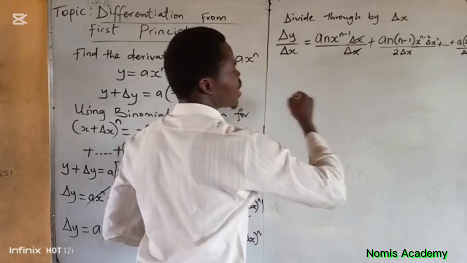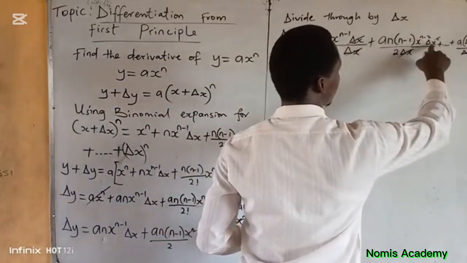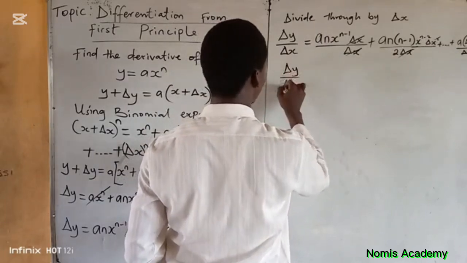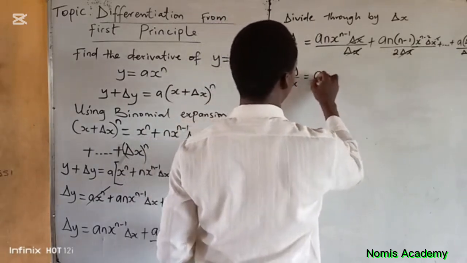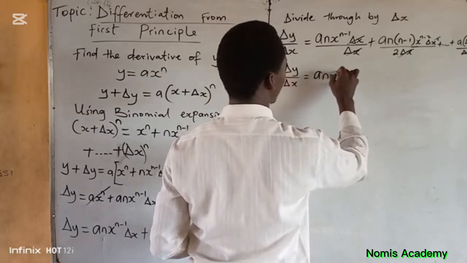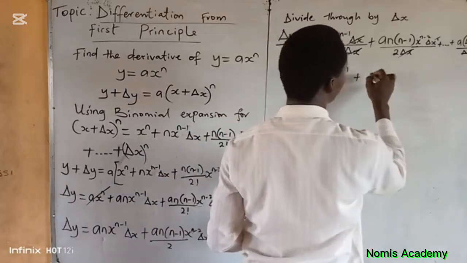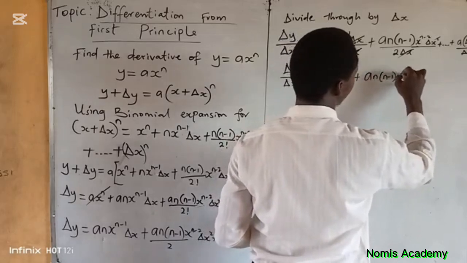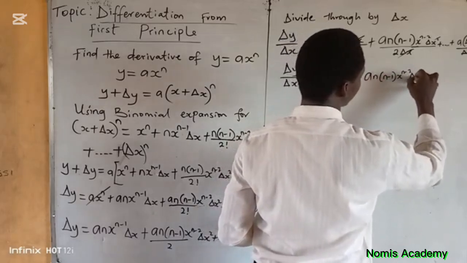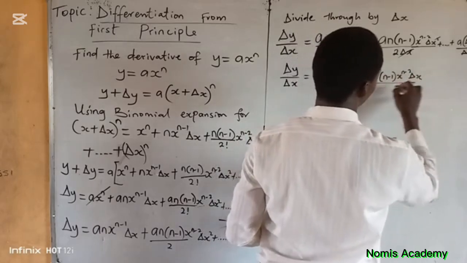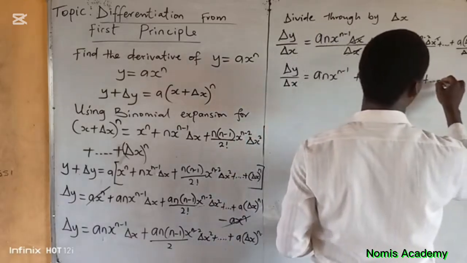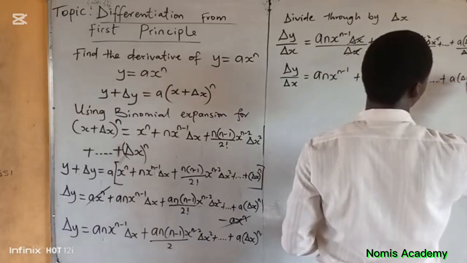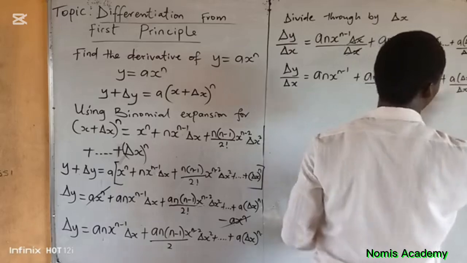Delta x cancels delta x, and we are left with 1. So we have delta y all over delta x equal to a n x n minus 1 plus a n into n minus 1 x n minus 2 delta x divided by 2 plus ellipsis a delta x raised to the power of n over delta x.